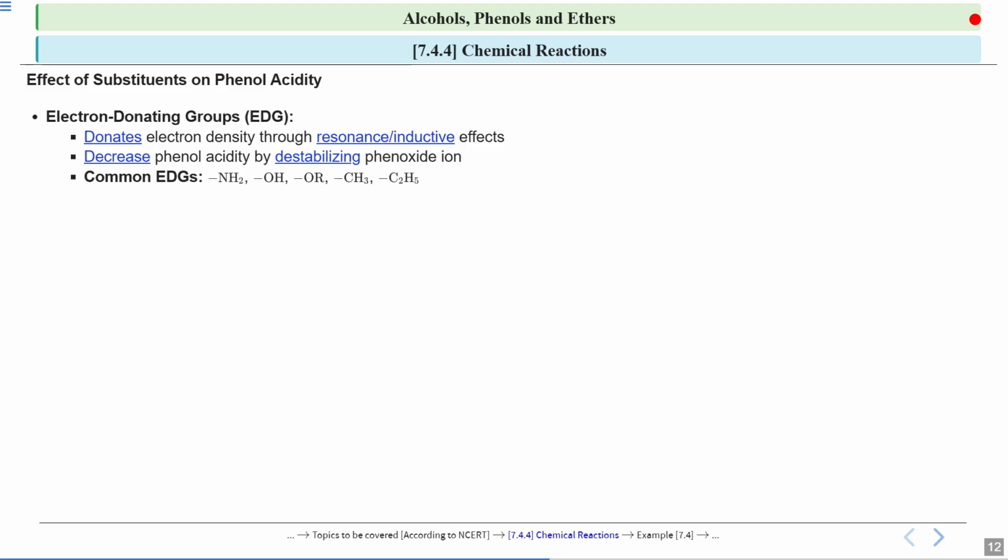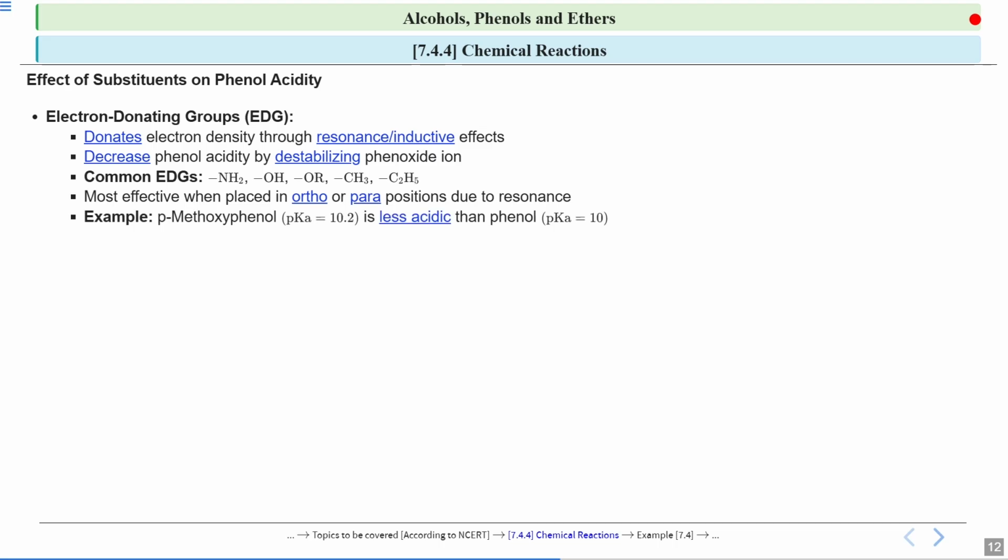The common electron donating groups are the NH2 group, OH group, OR group, CH3 and C2H5. These are all electron donating groups, and this effect is more pronounced at ortho and para positions because of the resonance.